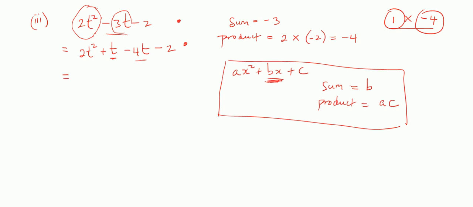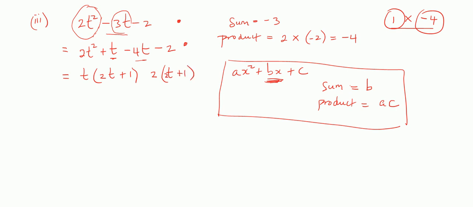Now I can go ahead and factorize by grouping. So if I look at the first two terms, I can pull out t. So this will be 2t plus 1, right? And then I'm going to pull out 2 here. And this will be 2t plus 1, right?